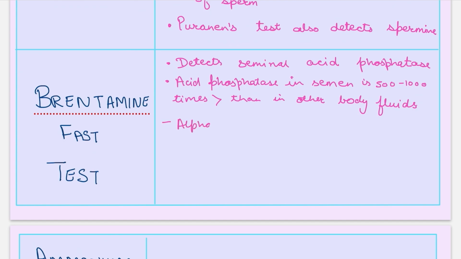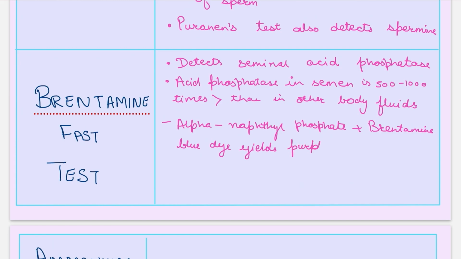Alpha naphthyl phosphate plus Brentamine blue dye yields a purple color. This indicates that ejaculation occurred within 12 to 14 hours of the examination.